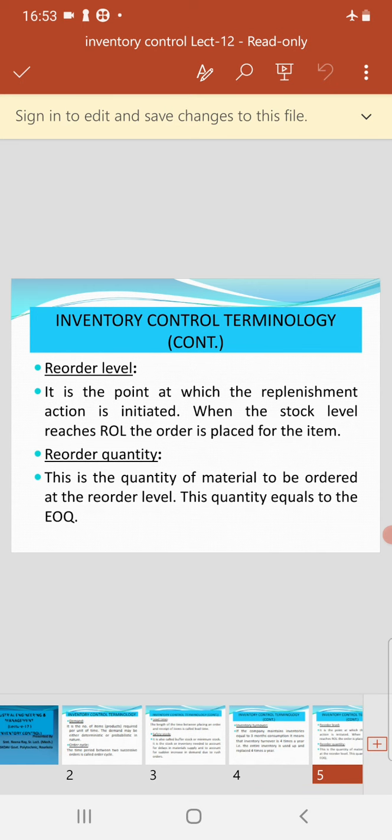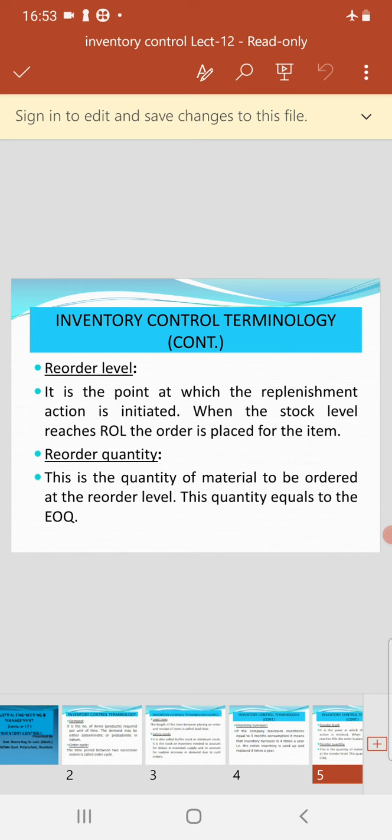Next is reorder level. So when will you order? Reorder level is the point at which the replenishment action, the purchasing action, is initiated. When the stock level reaches the reorder level, the order is placed for the item.